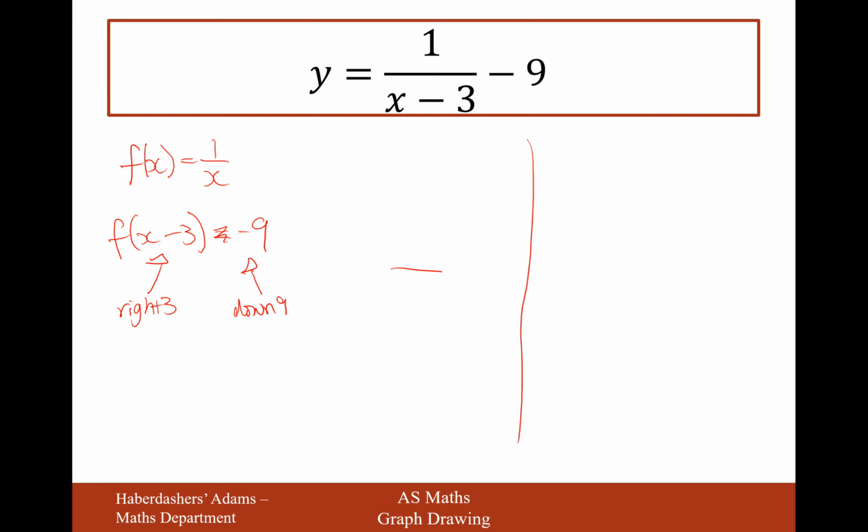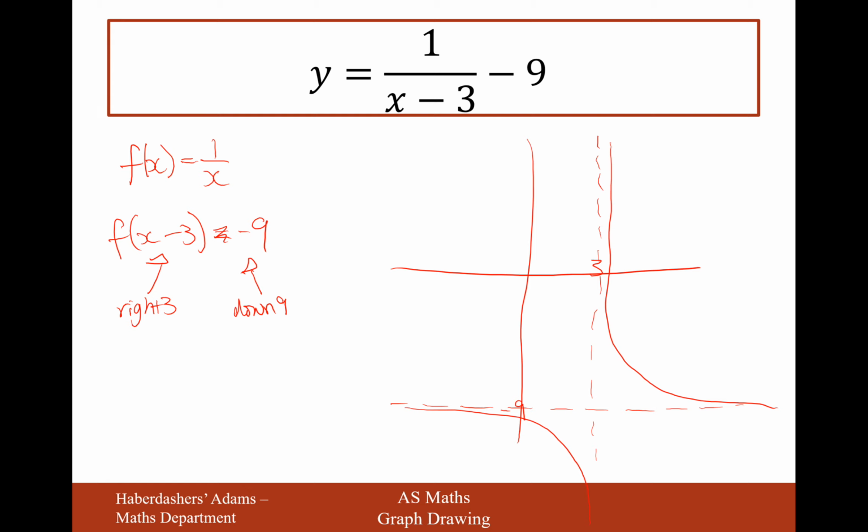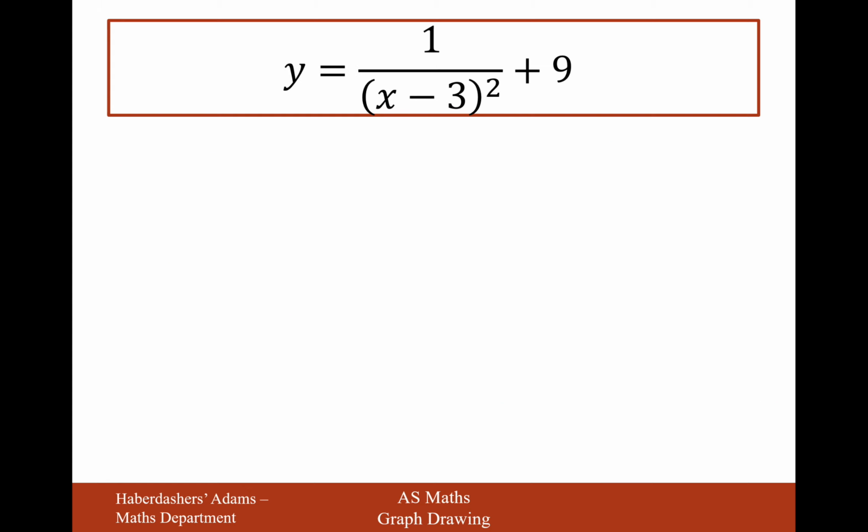So draw out your axes, move your asymptote, so your y-axis asymptote right by 3, and then your x-axis asymptote down by 9. And then draw your graph around that. So it'll be there, and it will be there. Lovely, moving on to the next one.